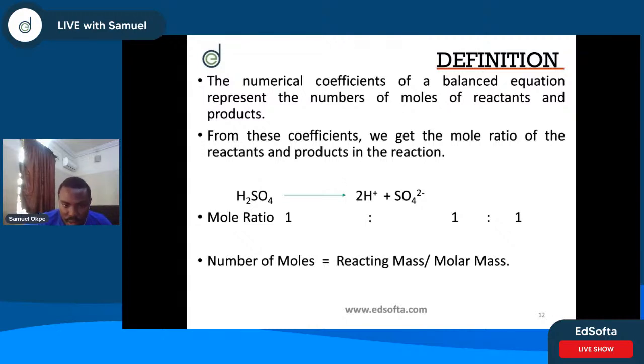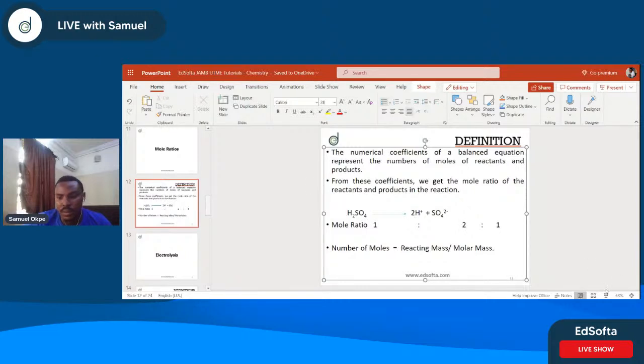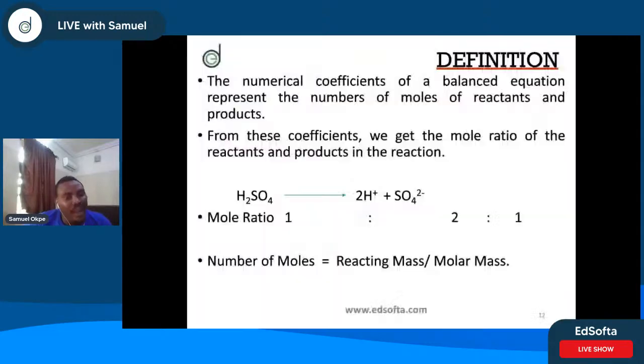The use of a balanced equation is for us to solve problems based on the mole ratios that we get, and we can't get accurate mole ratios if we don't have a balanced equation.